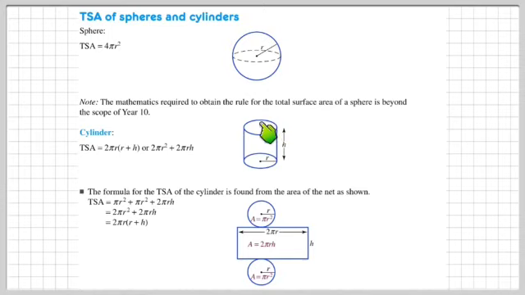That length there, the perimeter of that circle, becomes this length here, folded out. And you know that the perimeter of that circle is 2 pi r. So that's that length there. And if it's got a height of h, that's that length there, and this whole thing folds out to be a rectangle, that curved surface does. So therefore that area is 2 pi r times h.